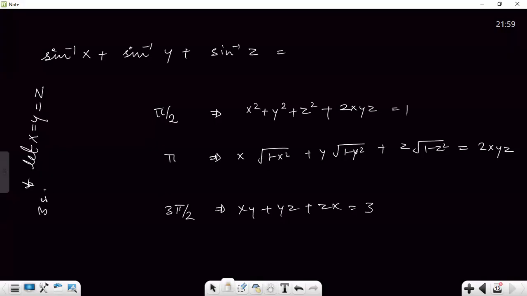That means 3 sine inverse of x becomes pi by 2, so sine inverse of x becomes pi by 6, that is, x is half here. Simple. x, y, z are half, and you can solve the remaining question. So by using assumptions, questions become really easy. This is not of much high importance, but if you remember it, it will help you.